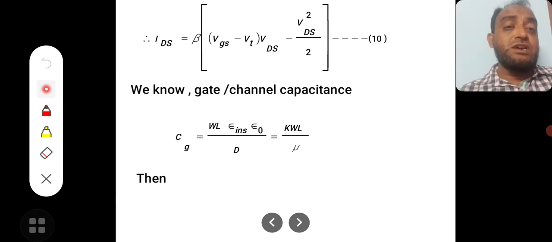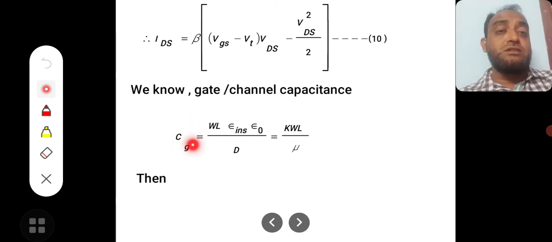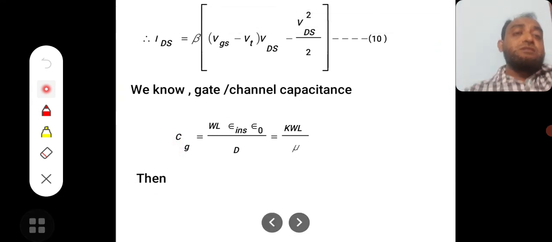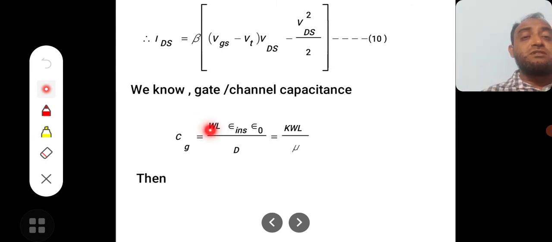Now as we know, the gate capacitance per channel is equal to CG. CG is equal to the area, WL is the area of the plate. C is equal to epsilon A by D. So this is epsilon, this is A, area, epsilon A by D. We know these terms along with L in the denominator and along with mu make K. So we can replace that with K, because there is no mu here.